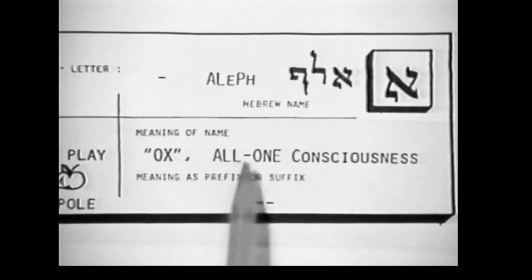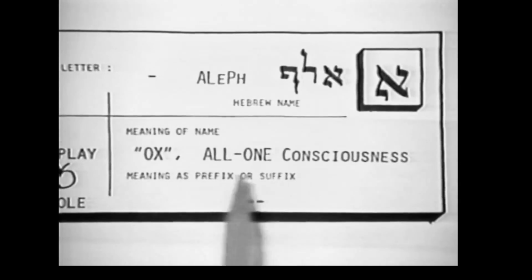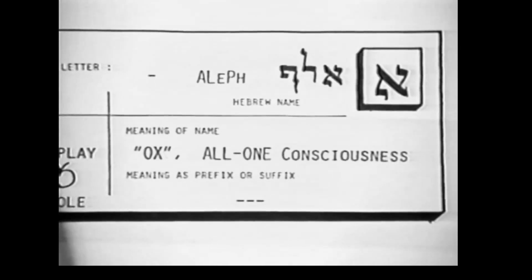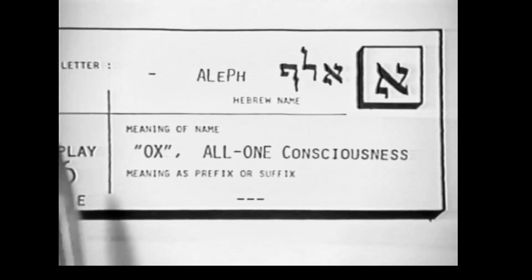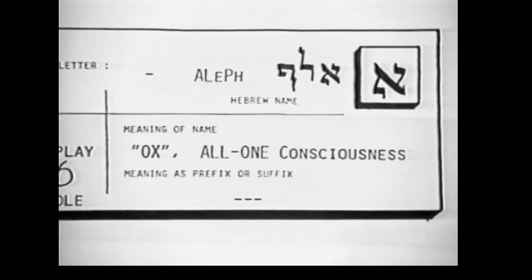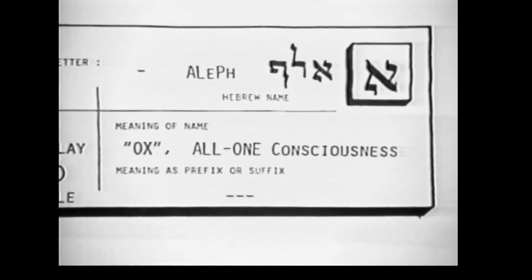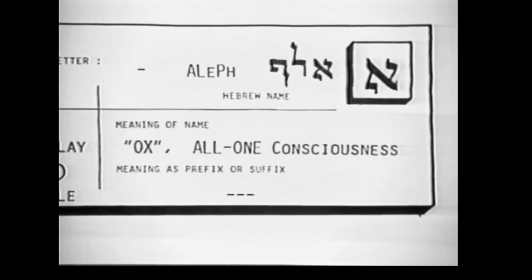The basic meaning, though, is that the Aleph is all one, is all consciousness, is the whole thing taken together, is everything. It's the head and tail of the snake, it's the splice point, it's the archetype itself. It's the highest, greatest, biggest, the whole thing. It's a stand-in term, a letter for God in a sense.